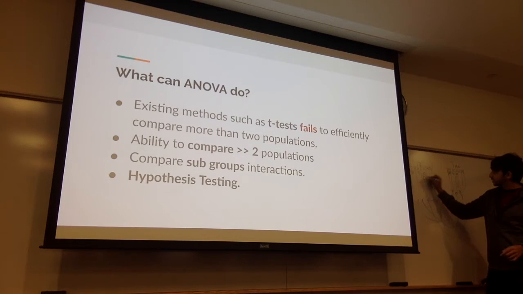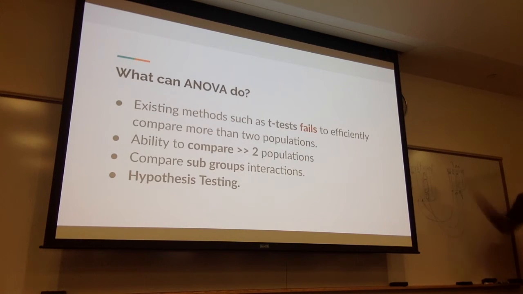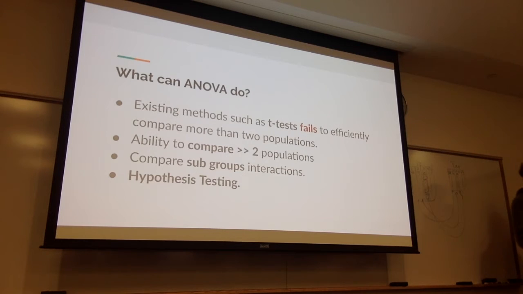So this part can be California, this part can be Worcester, and this part can be the whole of Massachusetts. Let's say this is some other state. So these are subgroups, right? Within the same group, it's a subgroup. We can also do the comparison within these subgroups. My friend will discuss how these things happen. So this is what Anova can do on a higher level, on an abstract level. I hope this is clear.